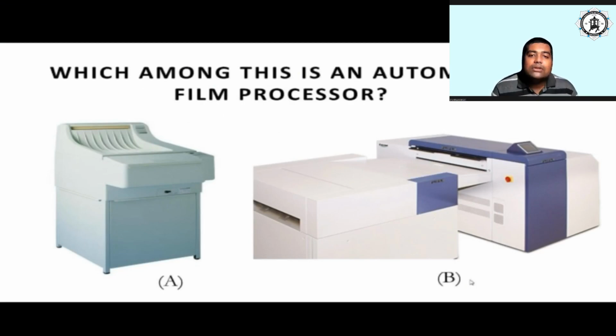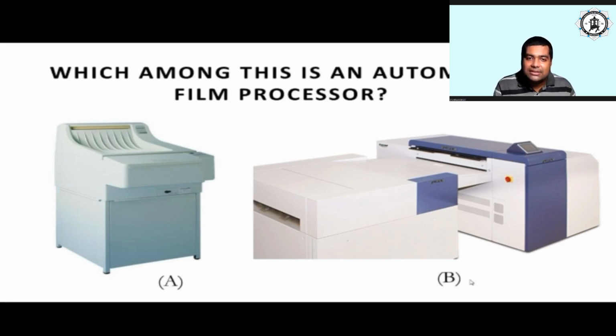Now this is a small quiz for you: which of these, A or B, is an automatic film processor? I will not be giving the answer to this question. You find out which of these is the automatic film processor, and your work does not stop there. You also have to identify the other image.